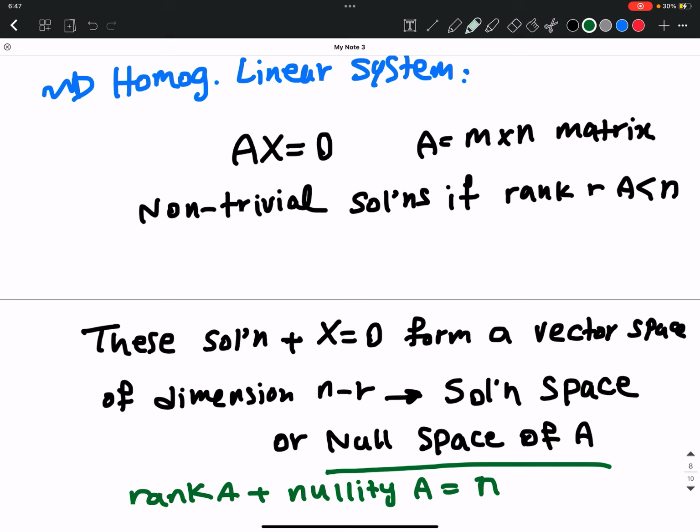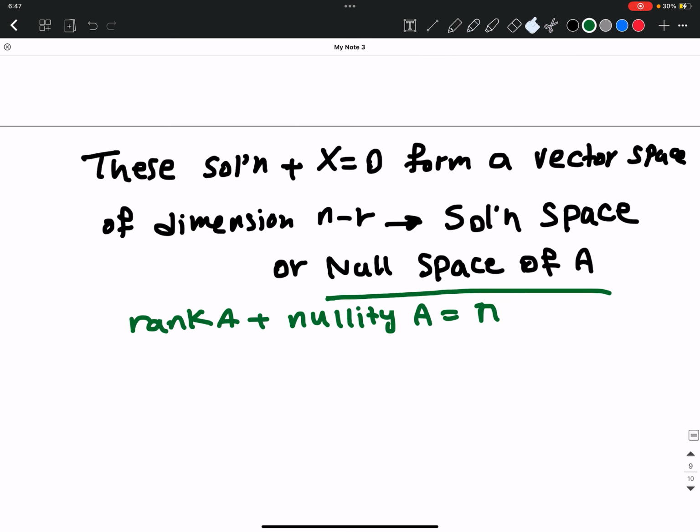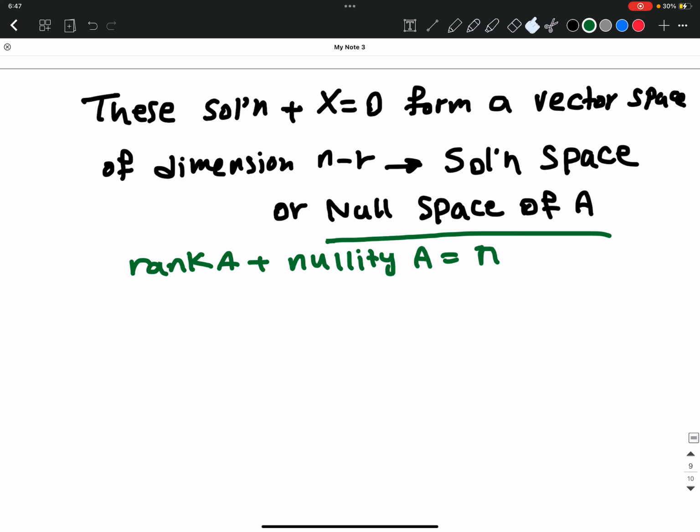Okay, so rank of A plus nullity A equals n. This is a general statement for homogeneous linear systems. So this was some introduction about these homogeneous linear systems.